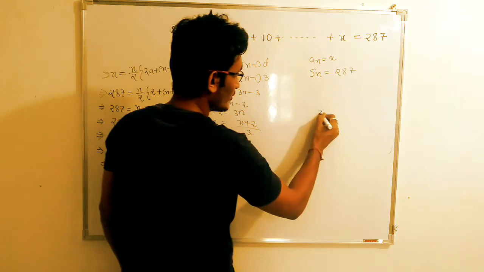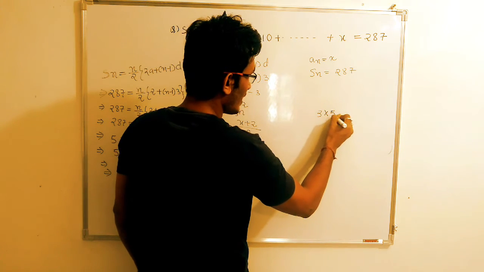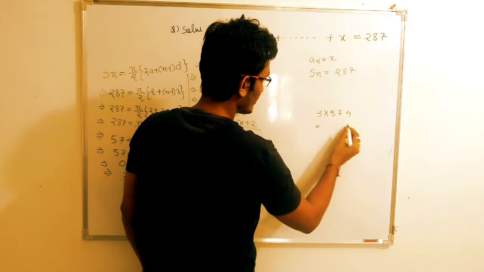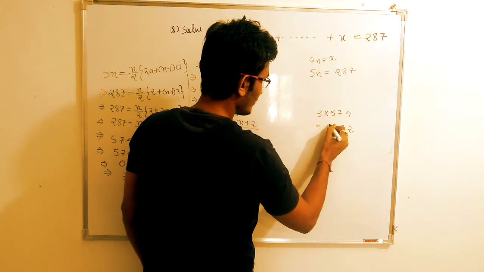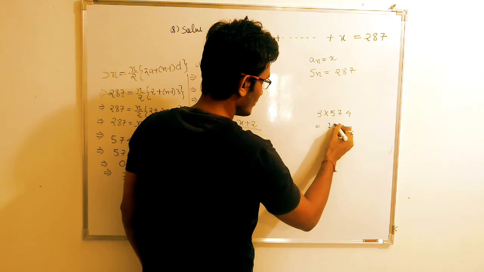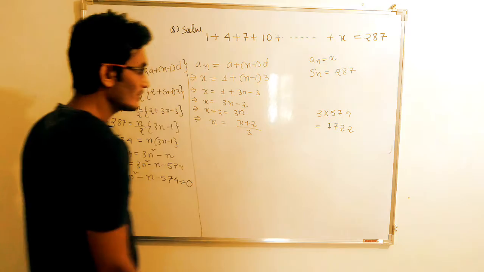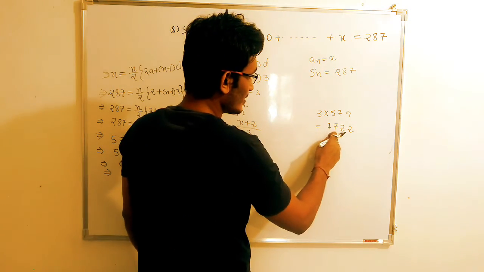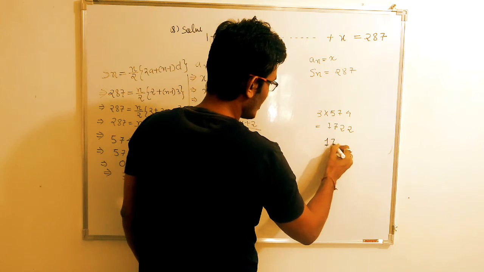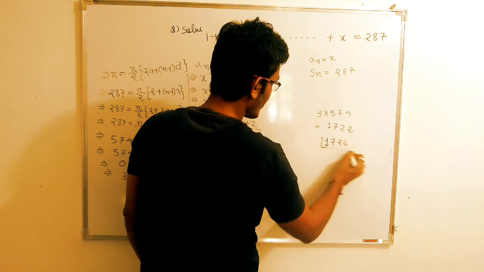So 3 into 574 becomes 1722. Now we have to find out the factors.